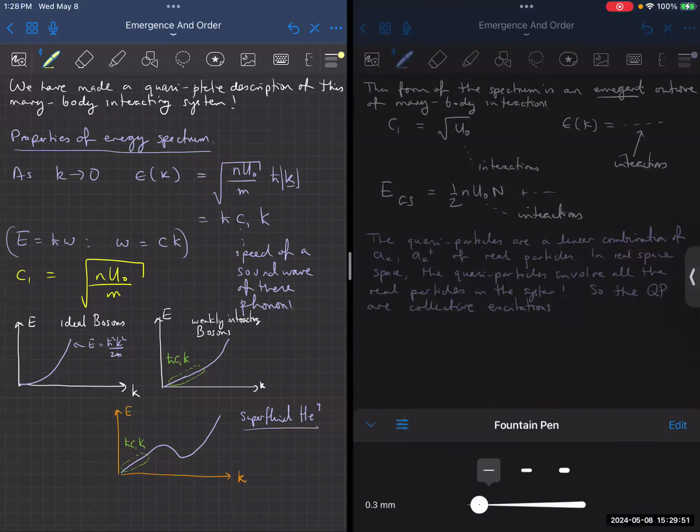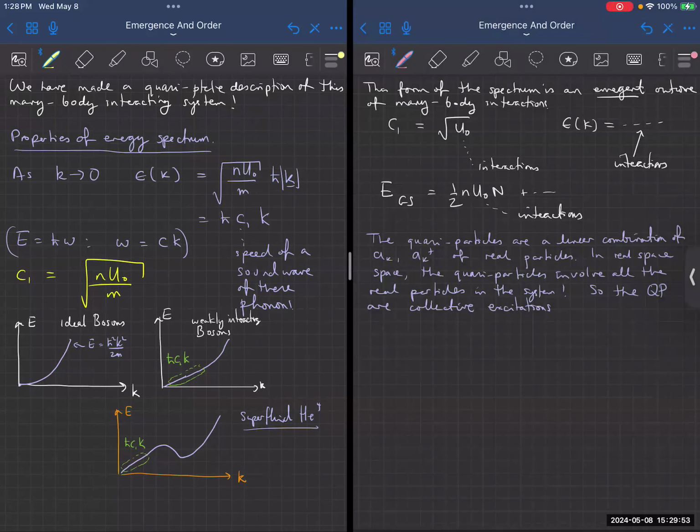Okay. So now I want to talk about another aspect of this. Let's have a look at the energy of the system. So if I look at the ground state energy, that is a thing that I wrote down before. So it looks like this.